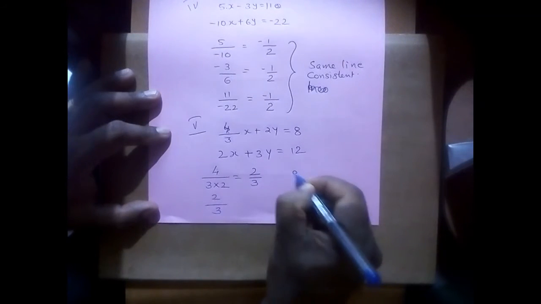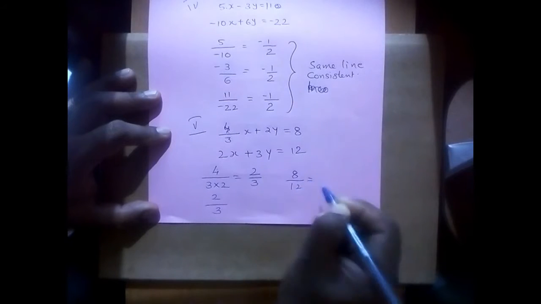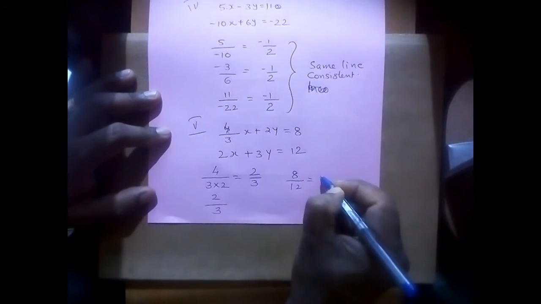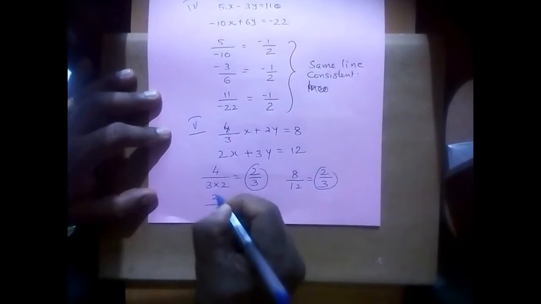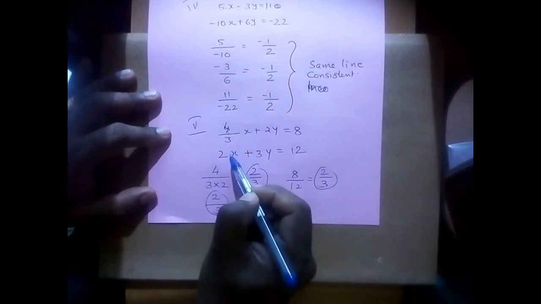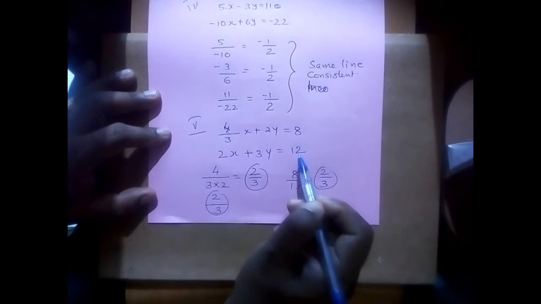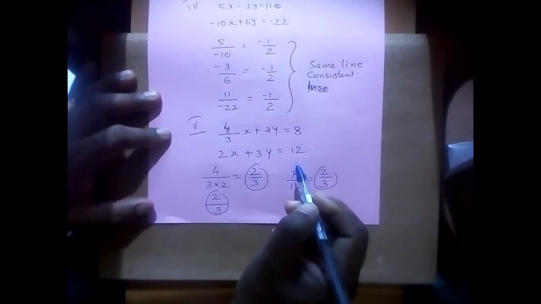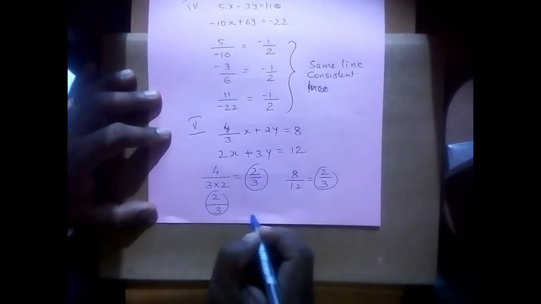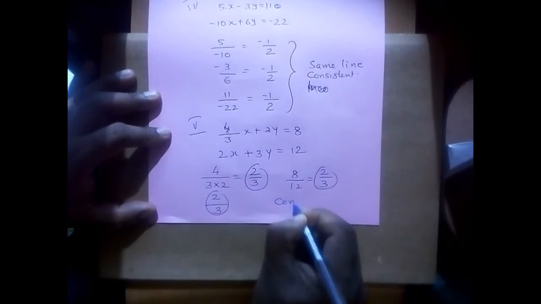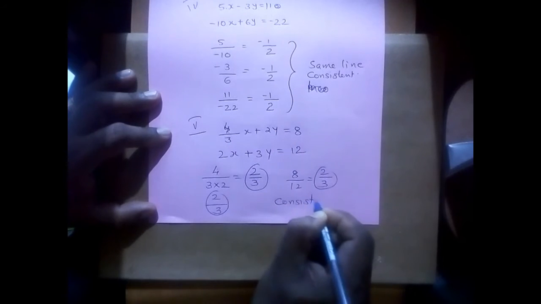C1 by C2 is equal to 8 divided by 12, that is, cutting with 4, I am getting here 2 by 3. So here 2 by 3, here 2 by 3, here 2 by 3. A1 by A2 is equal to B1 by B2 equal to C1 by C2, which means these two equations represent the same line, so it is consistent.